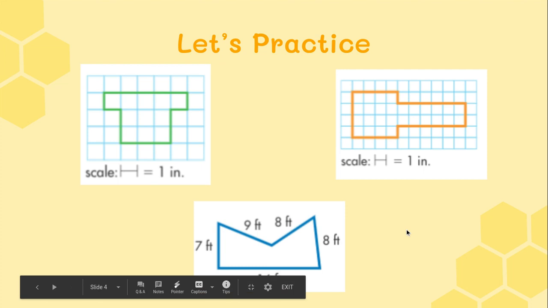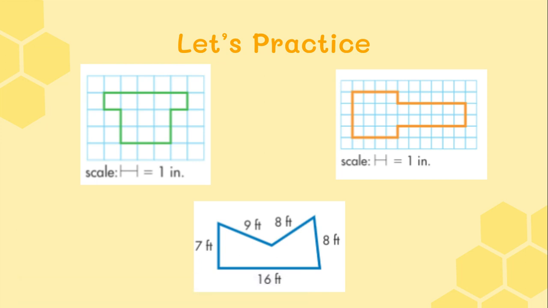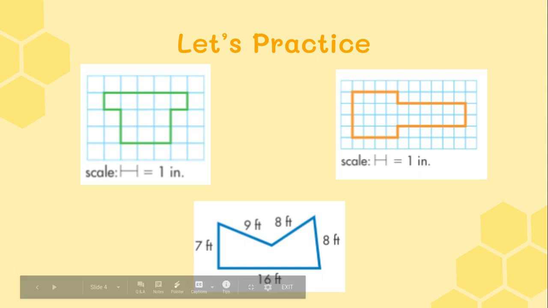Okay, and then the last one right here, all we're doing is adding up all the sides. You can start with whatever side you want, but you need to make sure that you remember which ones you've already counted. So I'm going to do 9 plus 8, and 9 plus 8 is 17.